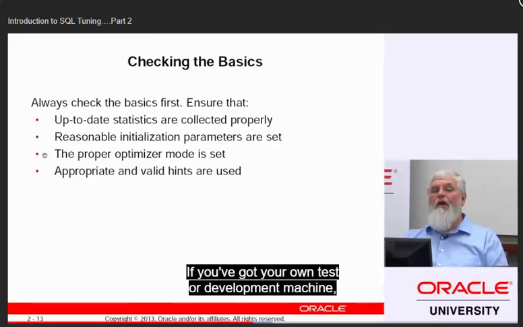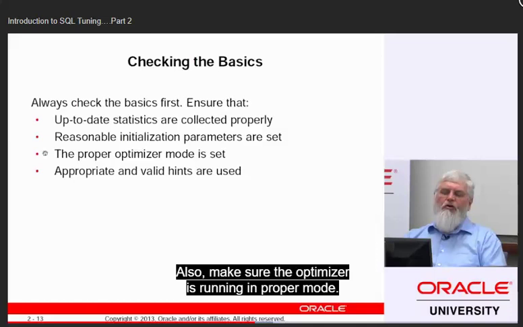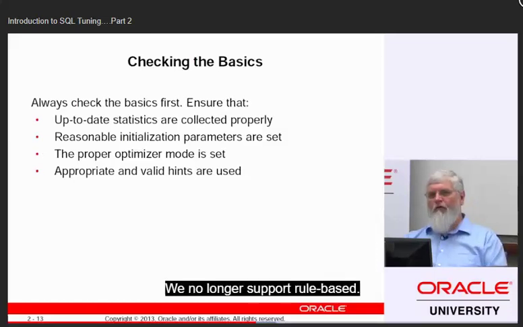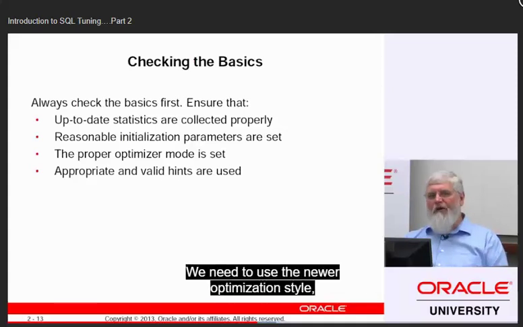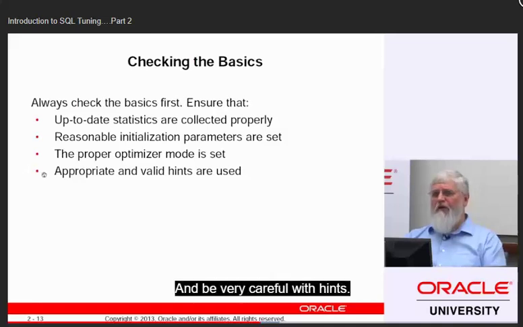We no longer support rule-based. We need to use the newer optimization style, and we should be optimizing for either all rows or first rows. And be very careful with hints. Hints are a way of getting the optimizer to do a particular aspect of an execution plan a certain way.